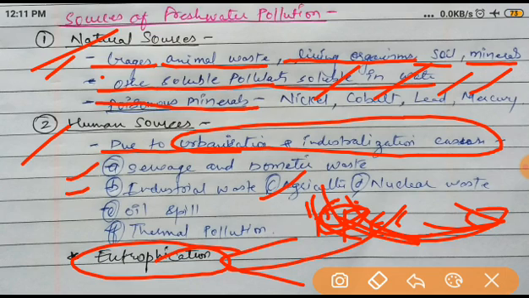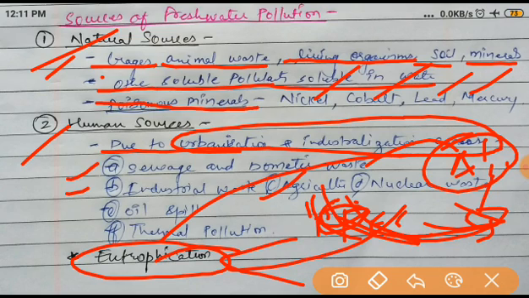These minerals mix in a large amount, and definitely these minerals are also helpful for the algae. Because of that, algae production increases too much, and this is called eutrophication. Eutrophication means the increased amount of minerals in the water bodies causes an increased amount of algae.